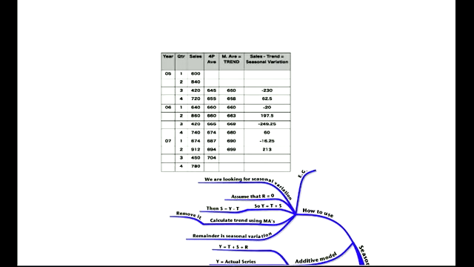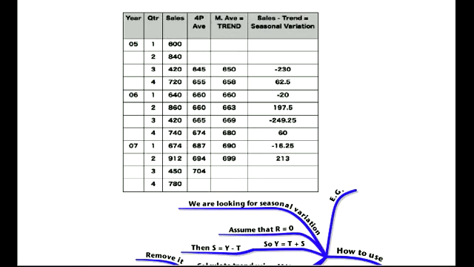So let's do that. Looking at the example we have here, we have our sales in 05, 06, 07, quarters 1 to 4. We've done our 4-point moving average like we did last time, got our trend by taking the midpoint. And then we've removed the trend from our actual figures to get our seasonal variation. So looking at the first one there, we have in quarter 3, 420 of sales.